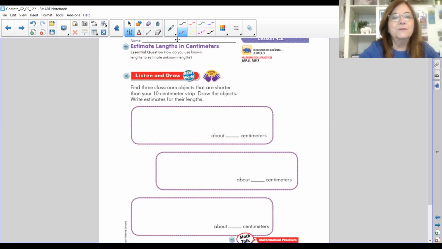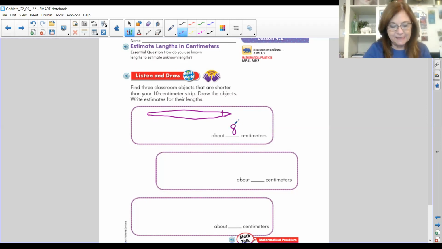Nope, still won't let me. Okay, here's my crayon, and it's a new crayon. Okay, so not a very good drawing on the computer. Hopefully on your paper, your drawing is a little bit better. So I'm gonna say that is about 8 centimeters.